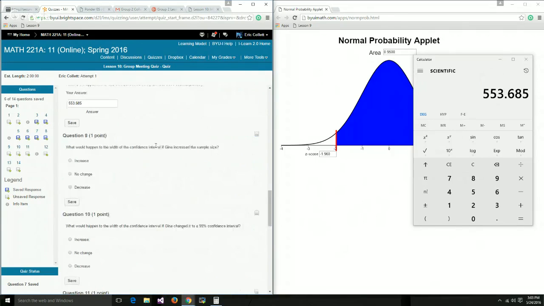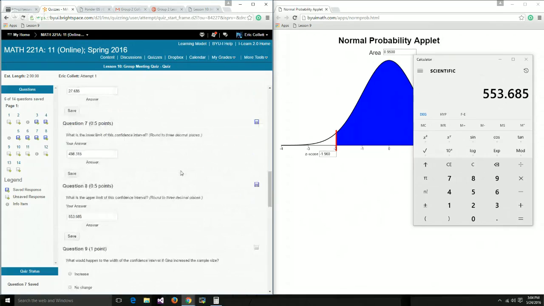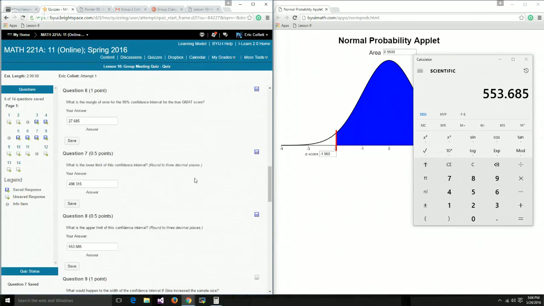Cool. So what would happen to the width of the confidence interval if Gina increased the sample size?